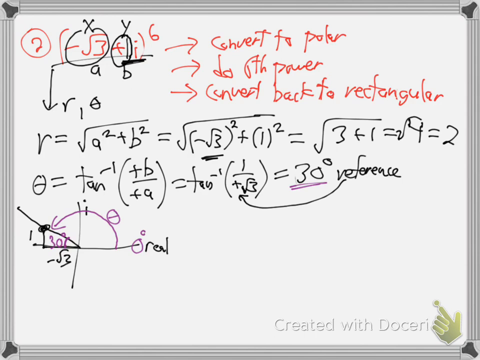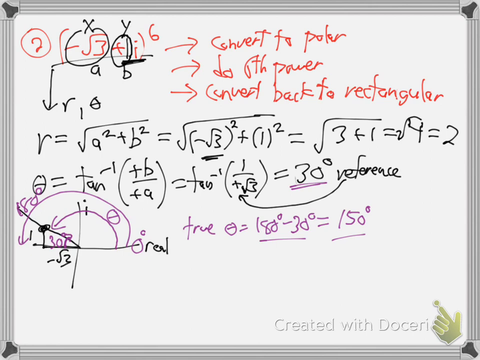Going to be 180 minus. We all comfortable with that? So the real angle, the true theta, is 180 minus the 30. So it's 150, right? Because you got to go 180 and then back up the 30. 180 minus 30, 150. So 150. So that's always how we do for both.